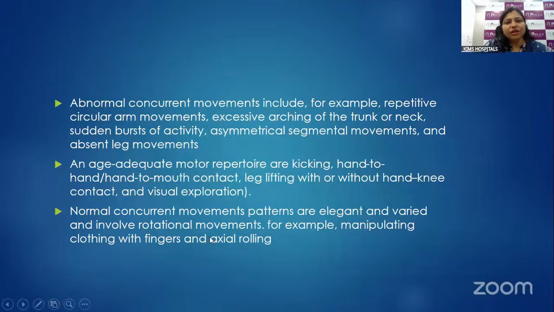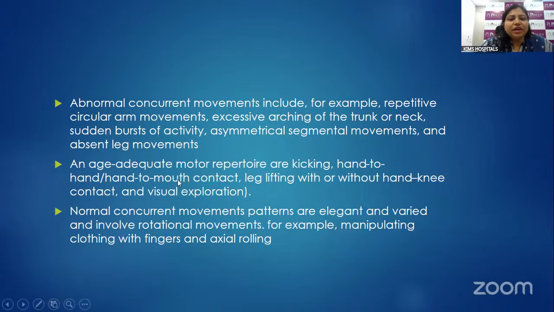So abnormal concurrent movement includes, for example, repetitive circular arm movement, excessive arching of trunk or neck, sudden bursts of some activity, asymmetrical segmental movement and absent leg movement. So basically, we will see one video of how these certain few movements are present in some of the babies.